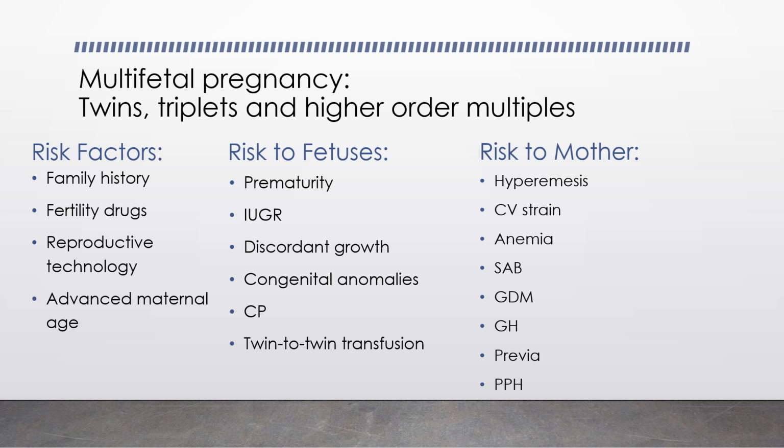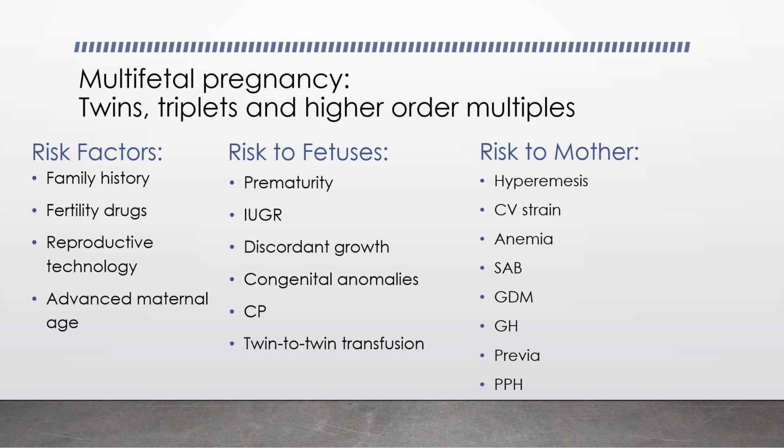So the risks to the mom, we talked about earlier, hyperemesis, cardiovascular strain. So the human body really was only designed to carry one baby at a time. But every once in a while we have twins and triplets and higher order multiples that happen, and that does place extra strain on the cardiovascular system.